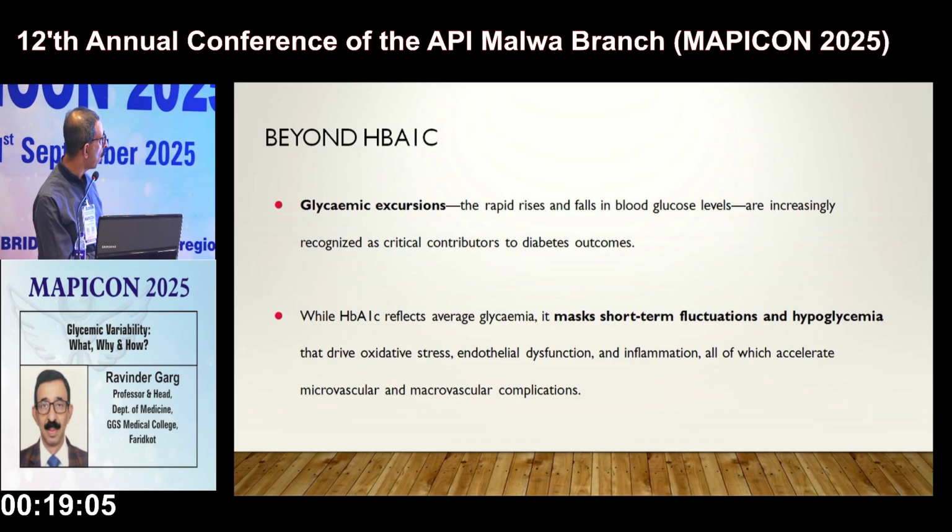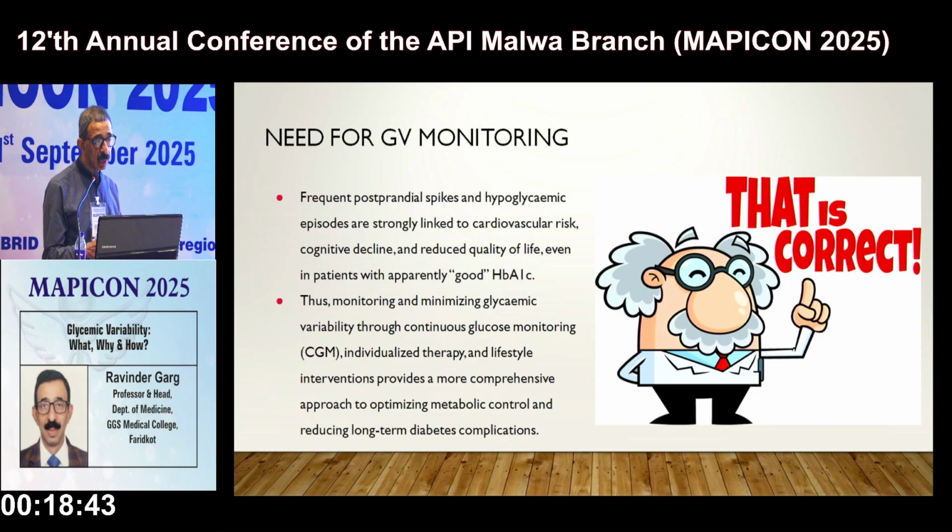It tells us about average glycemia, but what it lacks is hypoglycemia. It cannot detect hypoglycemia, and the short-term fluctuations are not detected by HbA1c. In the coming slides, we'll have a direct comparison of glycemic variability and HbA1c.